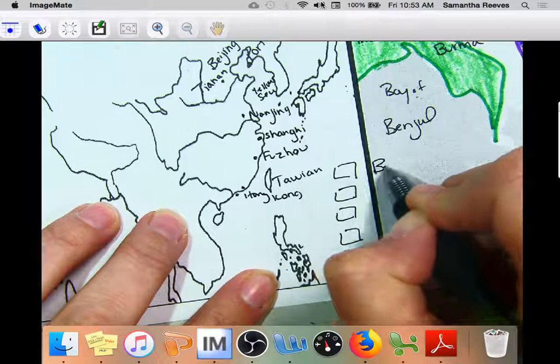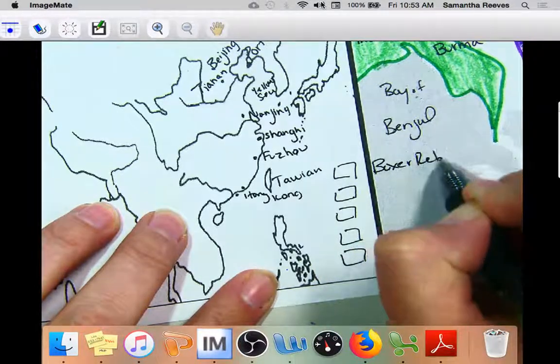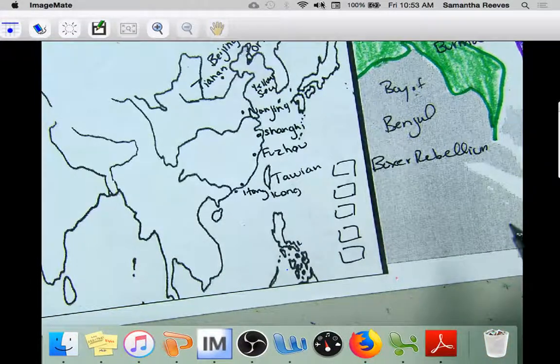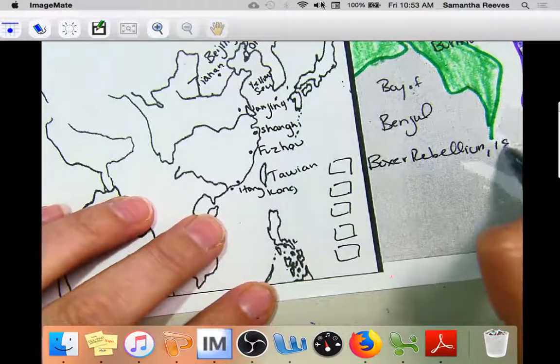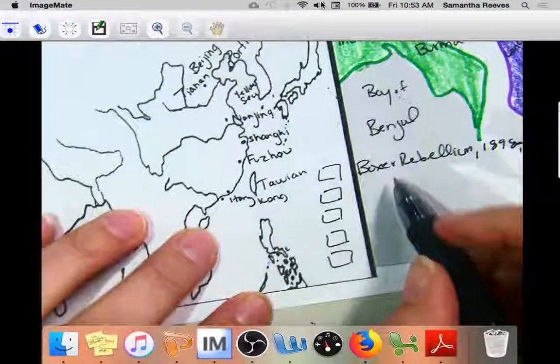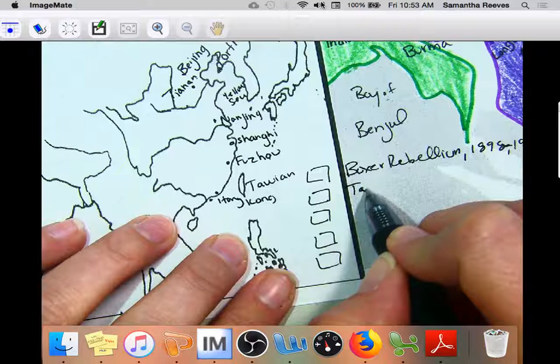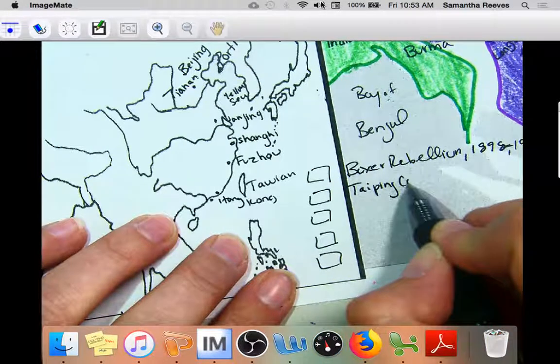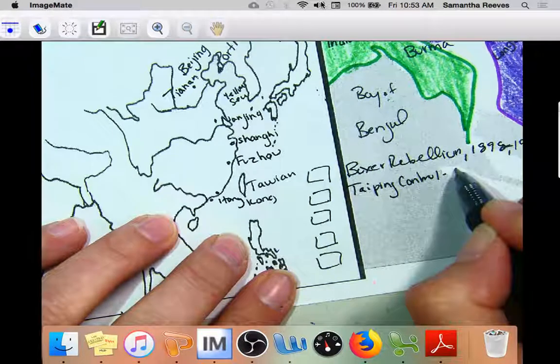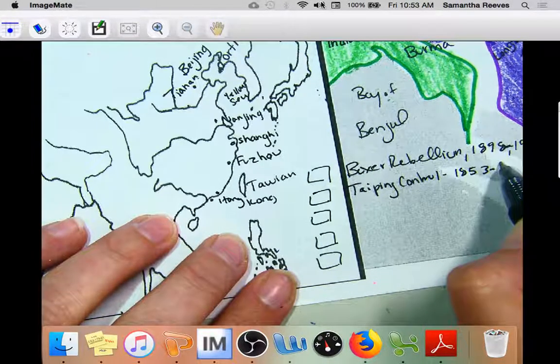Boxer Rebellion, which is in 1898 to 1901. Then you have Taiping Control, which is 1853 to 57.